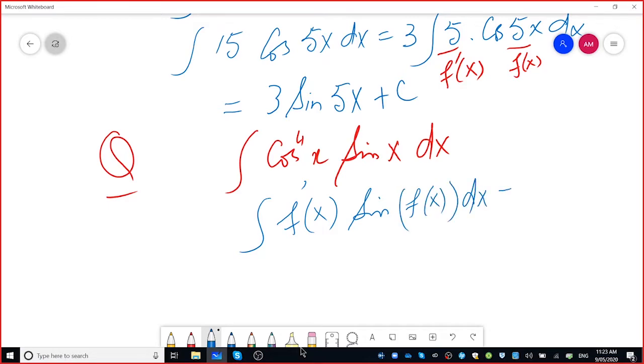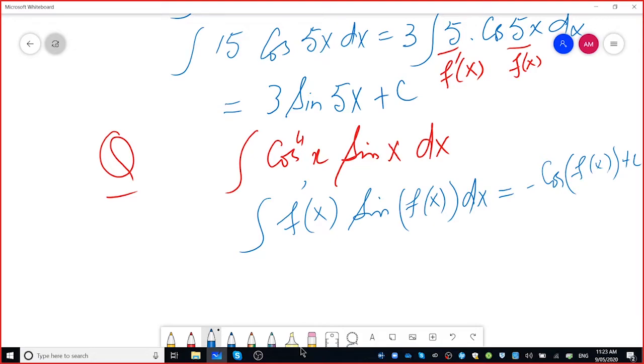What was the answer? Negative cos fx plus c. So that's the formula. Now we see something like that.